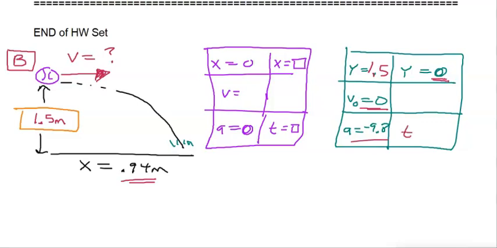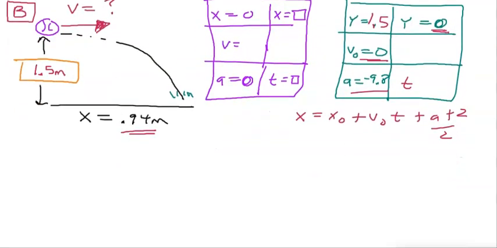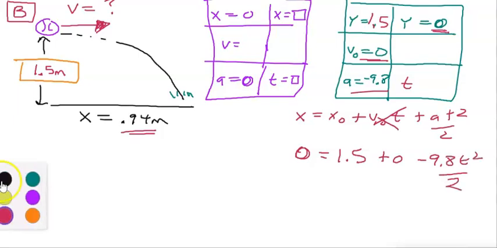So let's use that to find the time. Oh, oops, I'm using x instead of y. Hits the ground, 1.5 meters, not launched up or down, minus 9.8 t squared over 2.